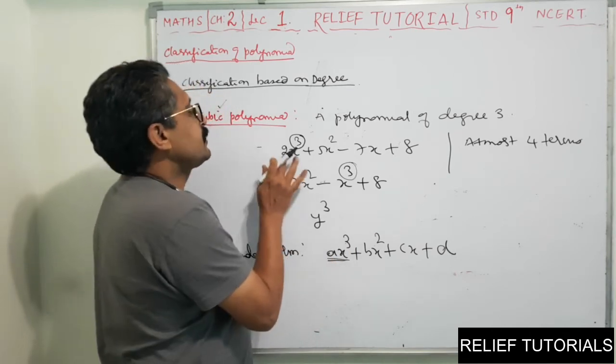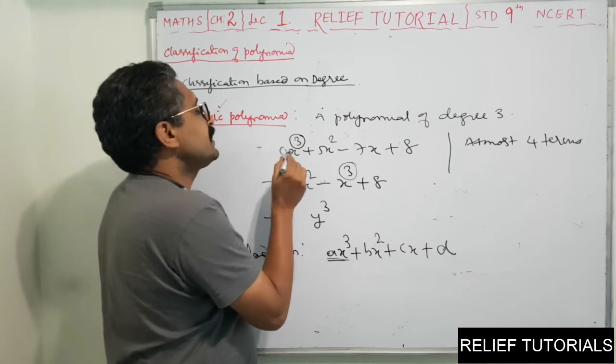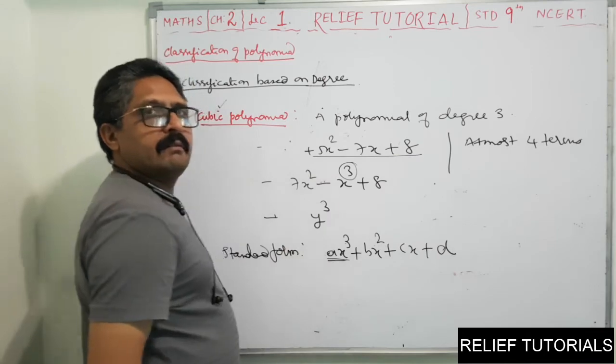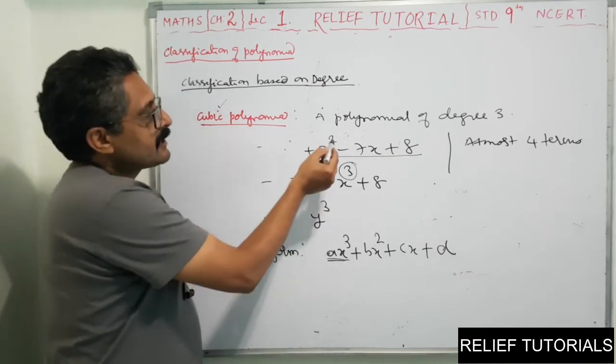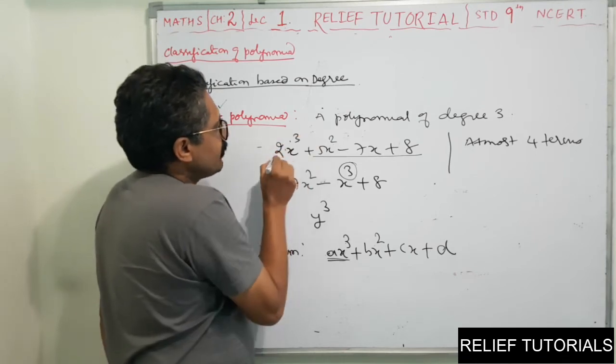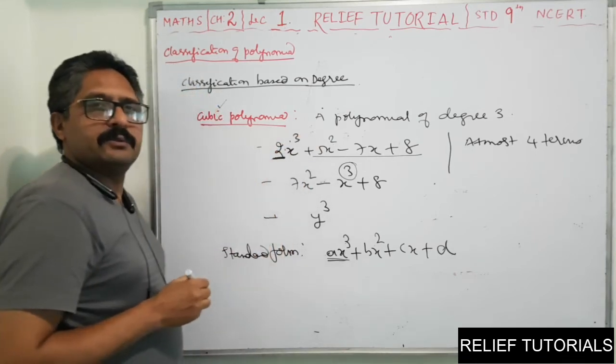See, if a is 0 here, then 0 into x cube is 0. So this term will be removed. So it will become a quadratic polynomial. Why? Because now the highest power is 2. So it is necessary that this coefficient should not be 0.